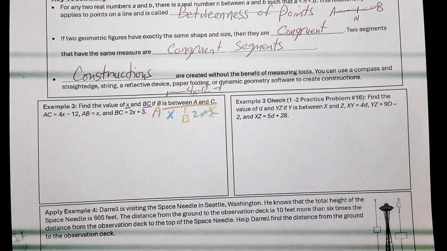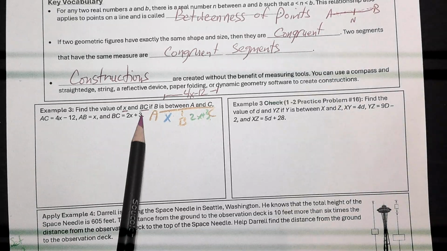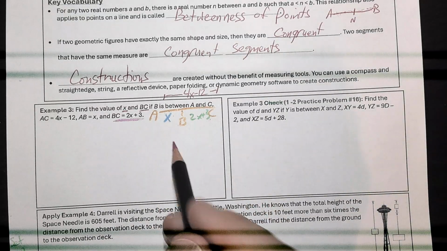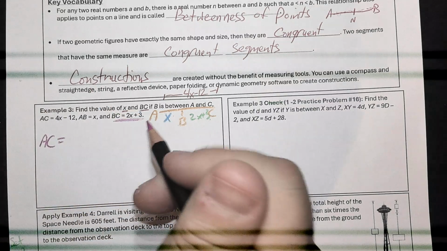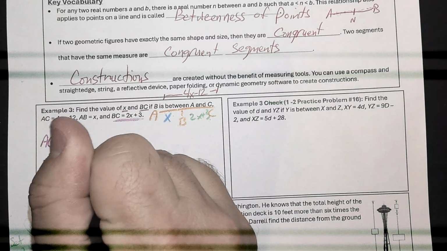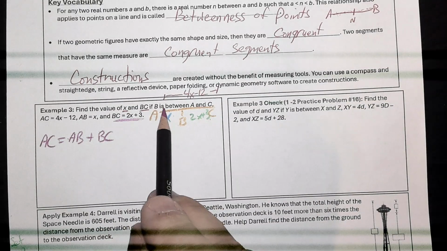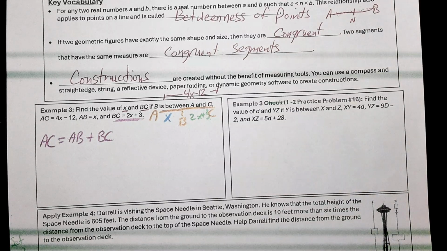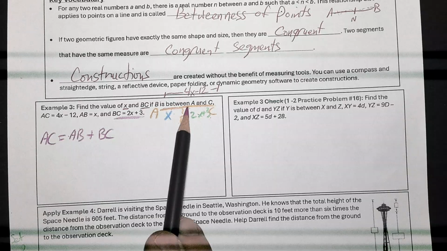To set up this equation, to solve for our variable, which in this case is x, and then solve for BC, we're going to plug it in. AC, that's the whole line, equals AB plus BC. So it equals this piece plus this piece. If I colored that in, it would all be colored because it's this plus this.